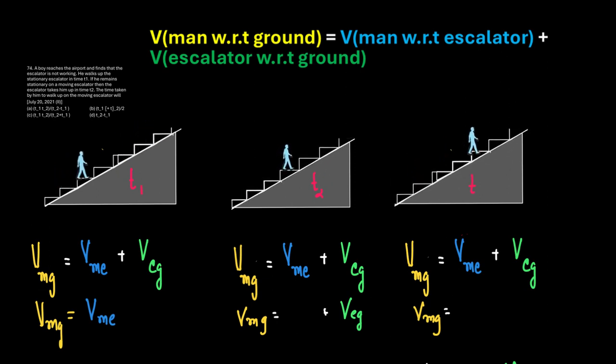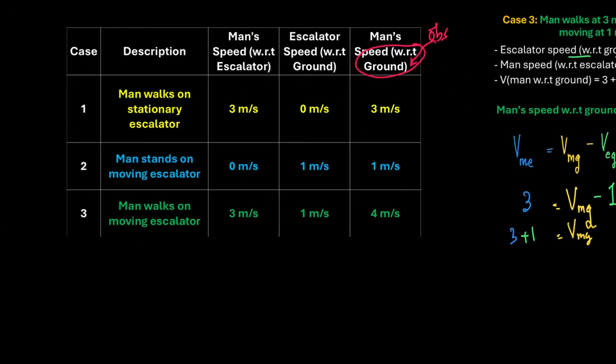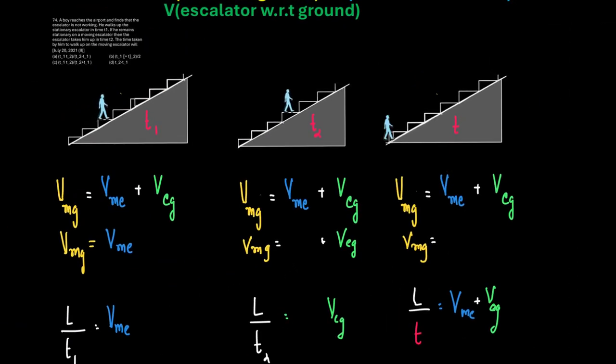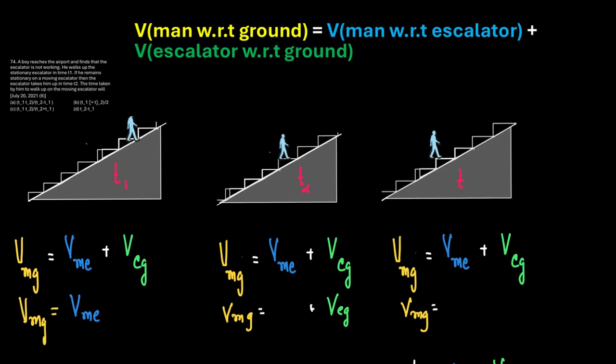Case 2, the man is stationary, therefore velocity of man with respect to escalator is 0, right? Is there a mistake here? Okay, right. No, things are fine. So this would become 0.